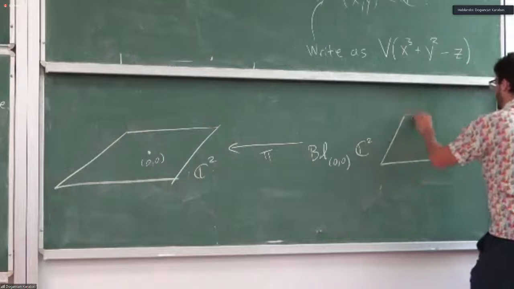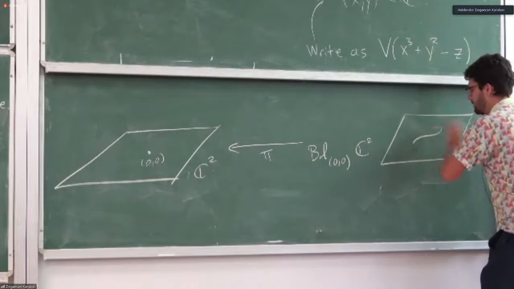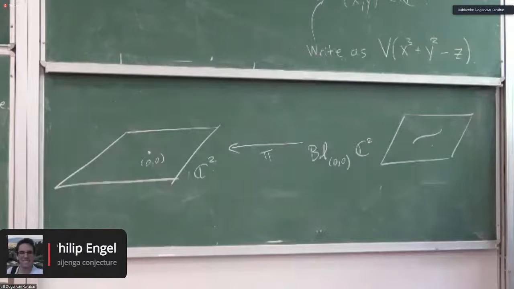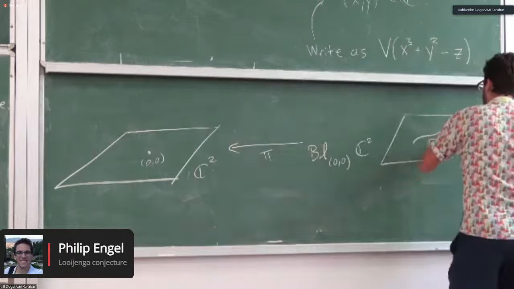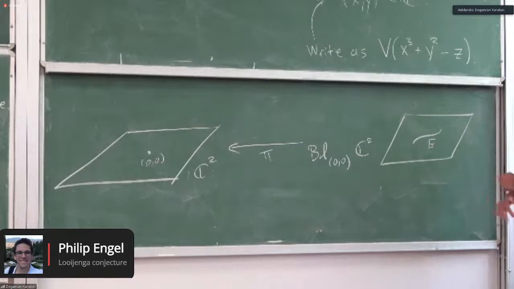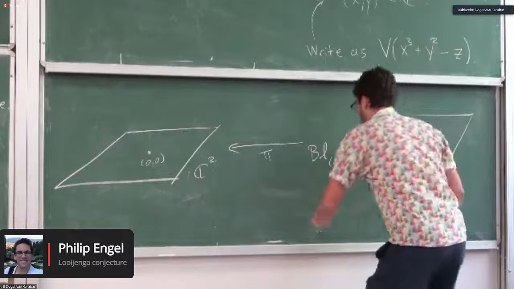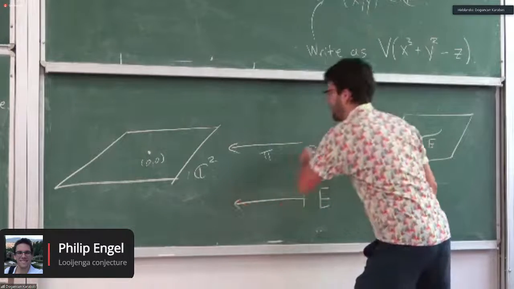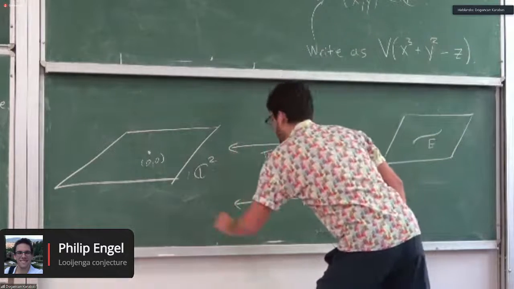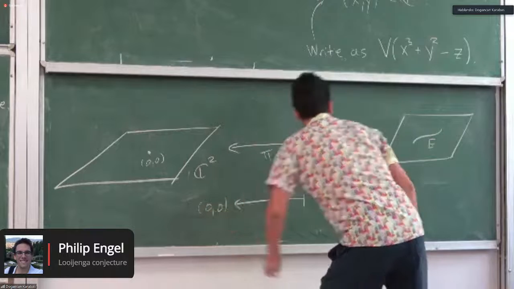And so Umu drew this picture already, where this point is replaced with some complex curve E. E here is contained in the blowup and maps by this map pi to the point (0,0).